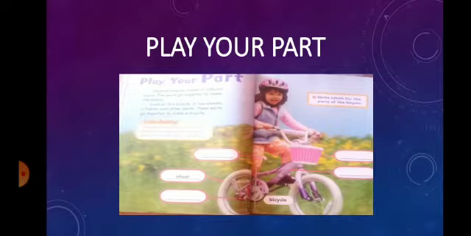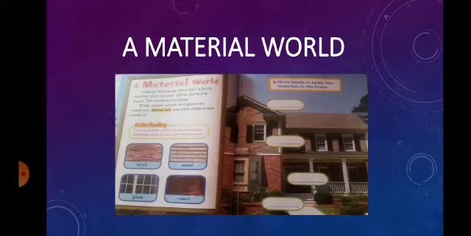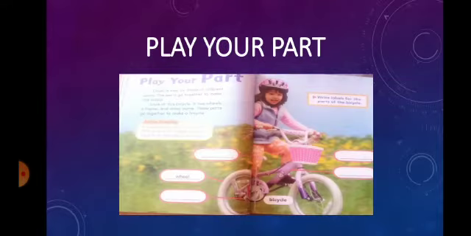Point number 1, we're going to talk about objects made of different parts. Here this is a bicycle, right? This bicycle is an object. This bicycle is made of different parts.